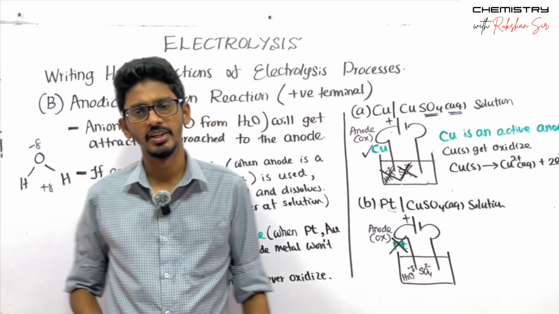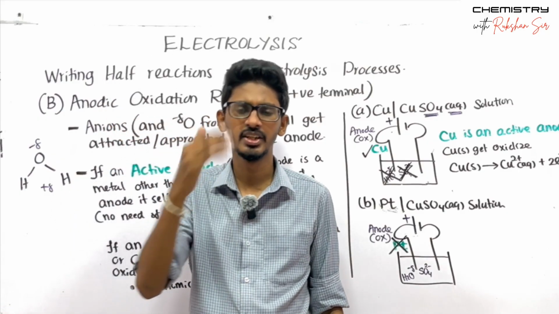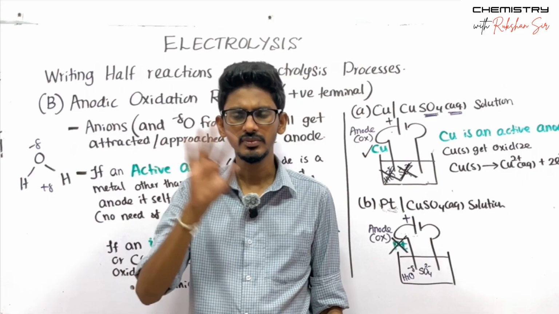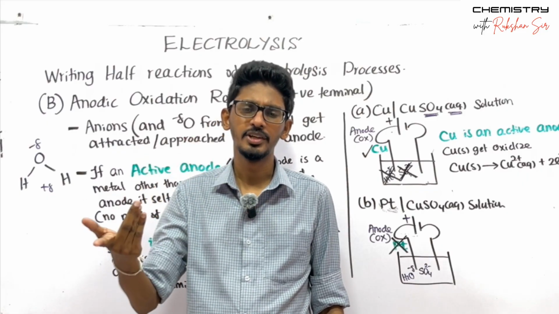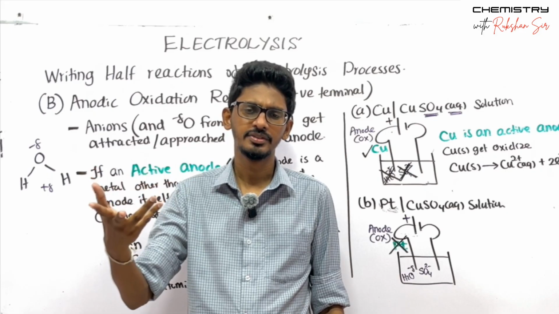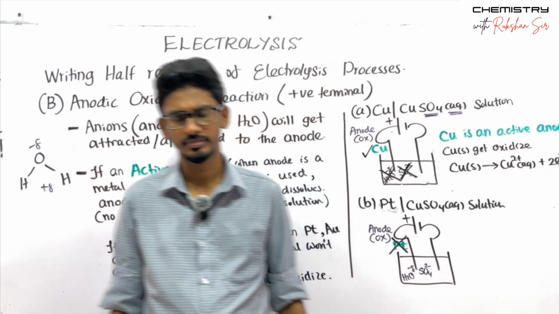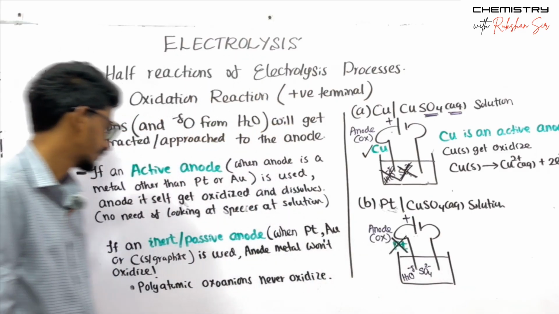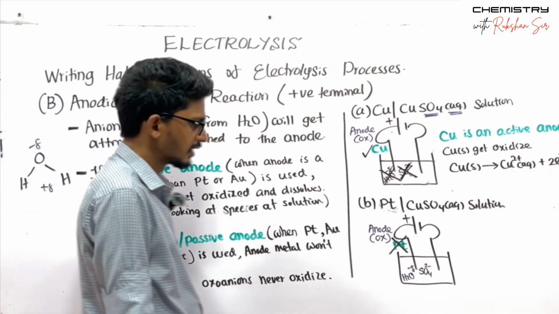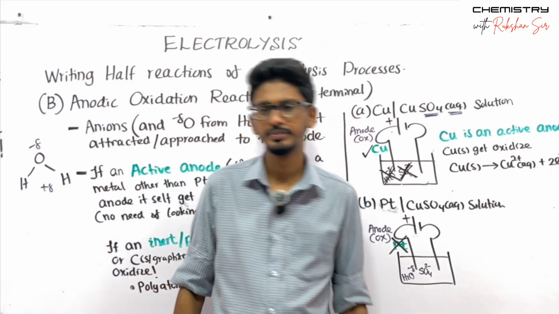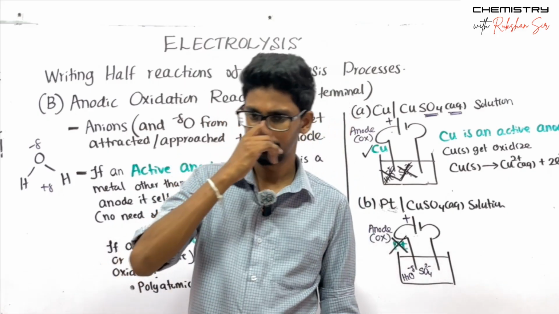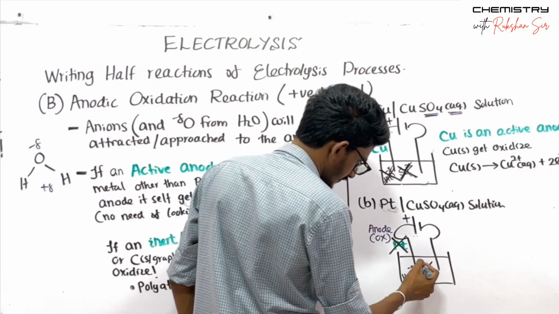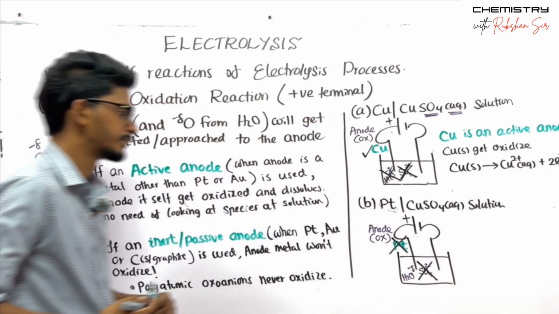So polyatomic oxoanions means oxygen-containing anions with more than 2 atoms: sulfates, nitrates, phosphates, carbonates, nitrites, chromates, dichromates, manganites. Those will never get oxidized. So there is no chance for sulfate.